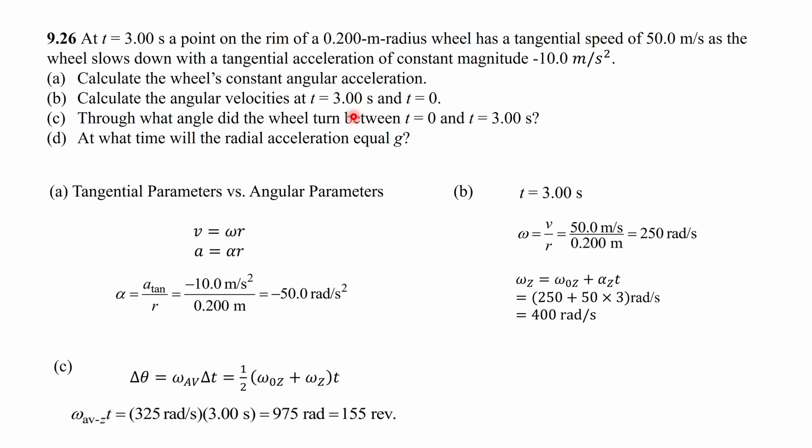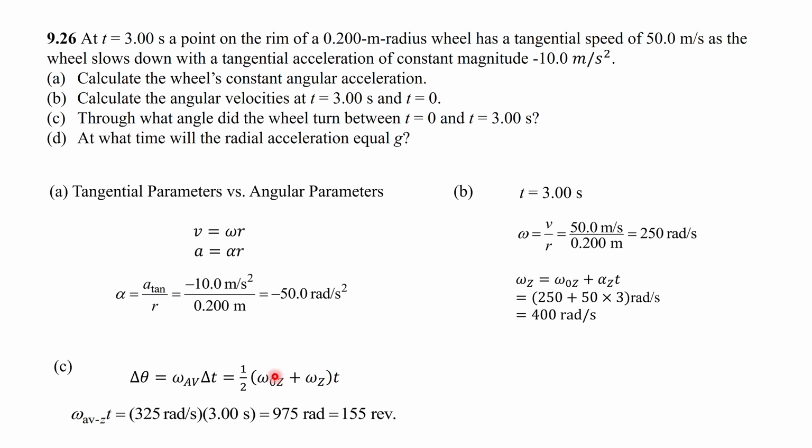So the angle is equal to the average angular velocity times how long it takes for the slowdown. In this case, the average angular velocity is defined as half of the initial angular velocity plus the final angular velocity. Then we have the time here.